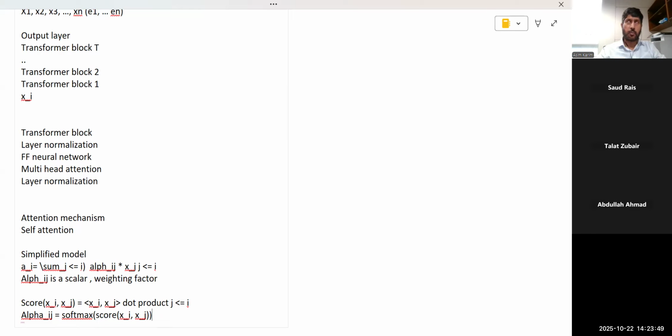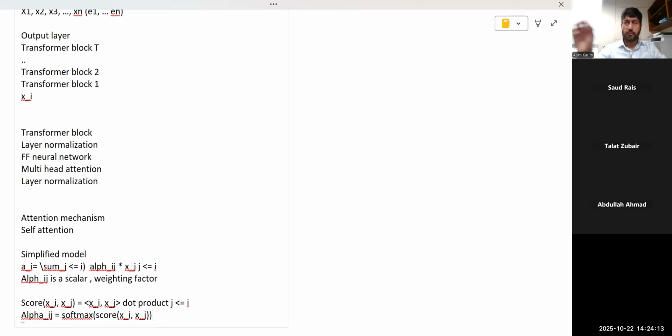So in the example that I wrote before, bright, which comes at the end, might have a higher alpha ij with, for example, moon and star, because its inner product with bright is higher. Of course, bright with bright would be the highest.